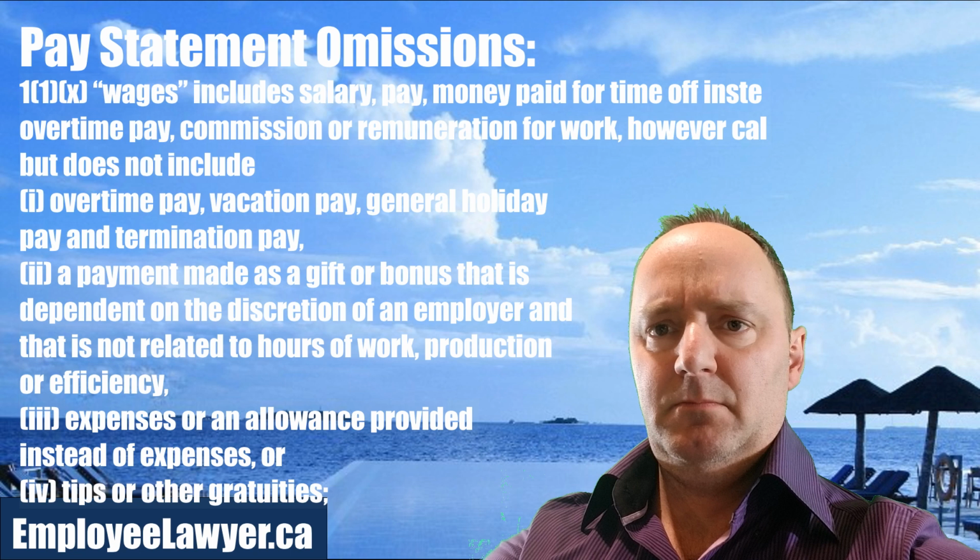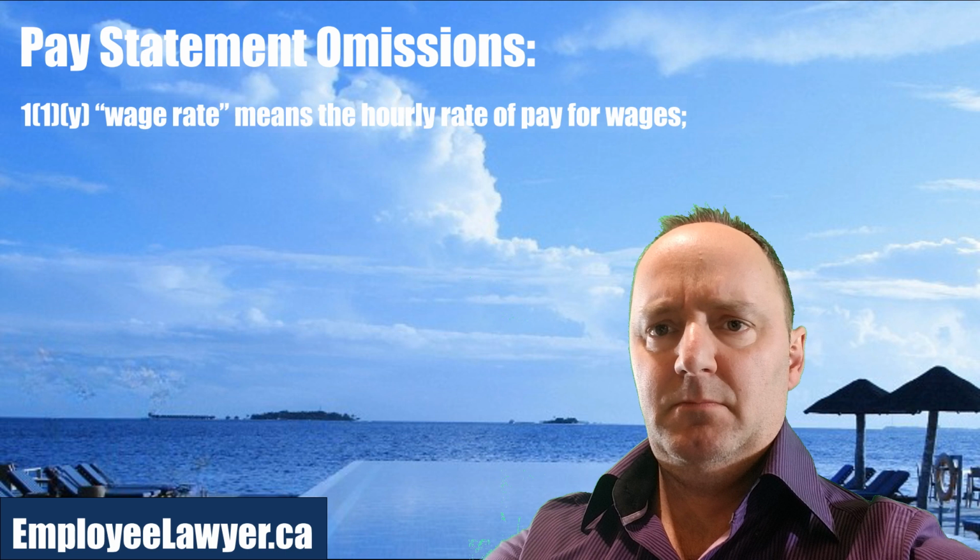And why is this particularly important? How does this tie into the other elements that we talked about? Well, first of all, if we list out wages, what we find is that once wages are properly listed, we can then go back to what the definition of wage rate is at 1 sub 1Y and find out what our hourly rate is for wages, which is our wage rate.